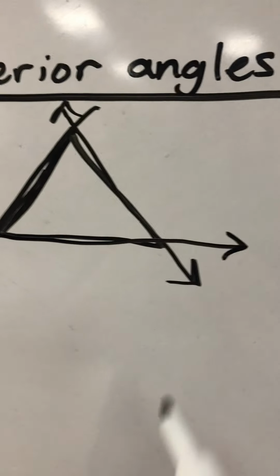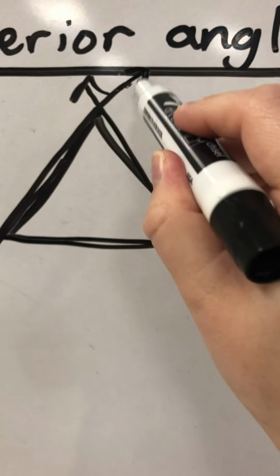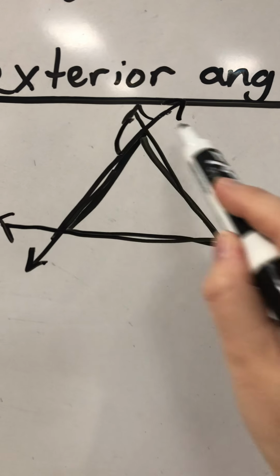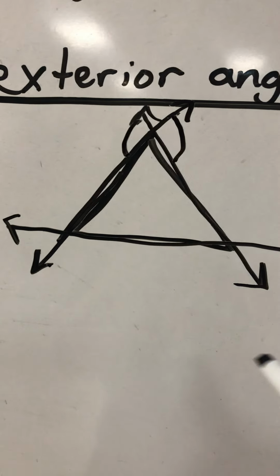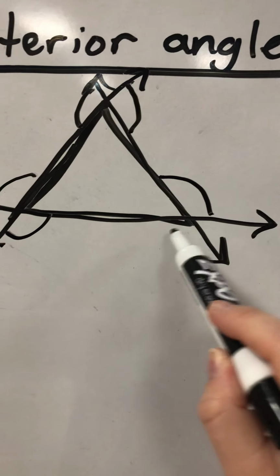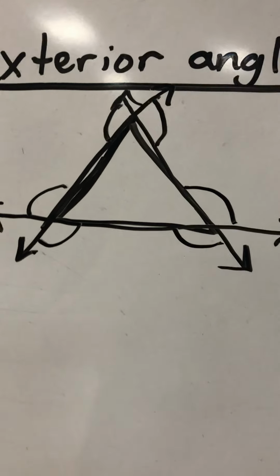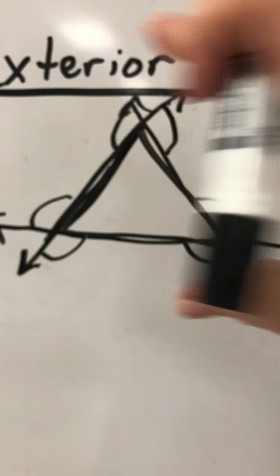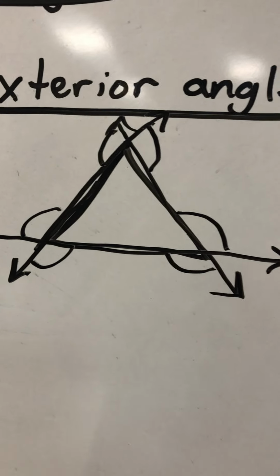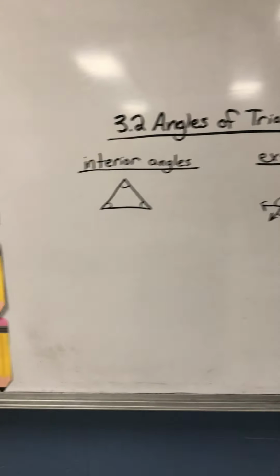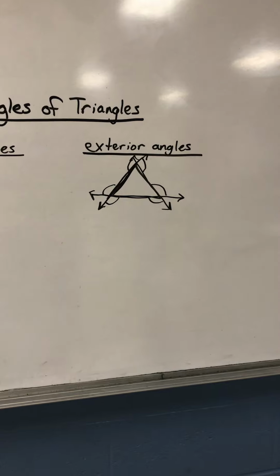So here we have all these lines if we extended the triangle. So here's an exterior angle, here's an exterior angle, here, here, here, and here. Those are our exterior angles, and again, you get those if you extend the sides of your triangle. So that is the difference between interior angles and exterior angles.